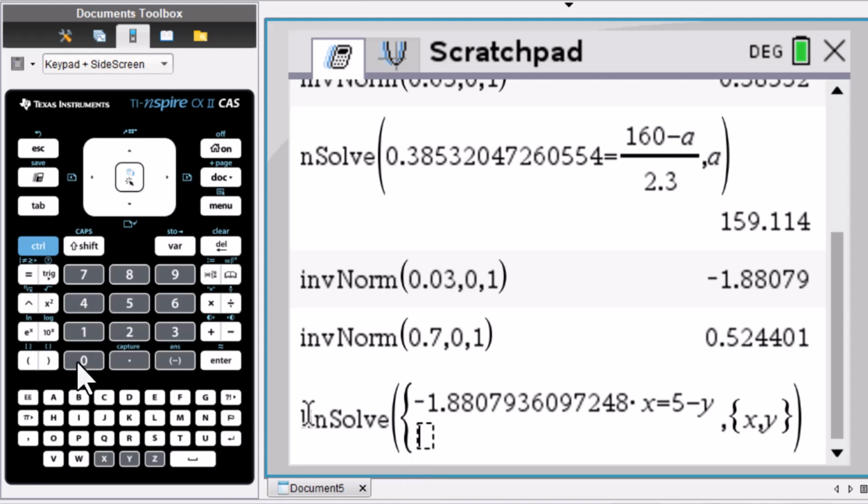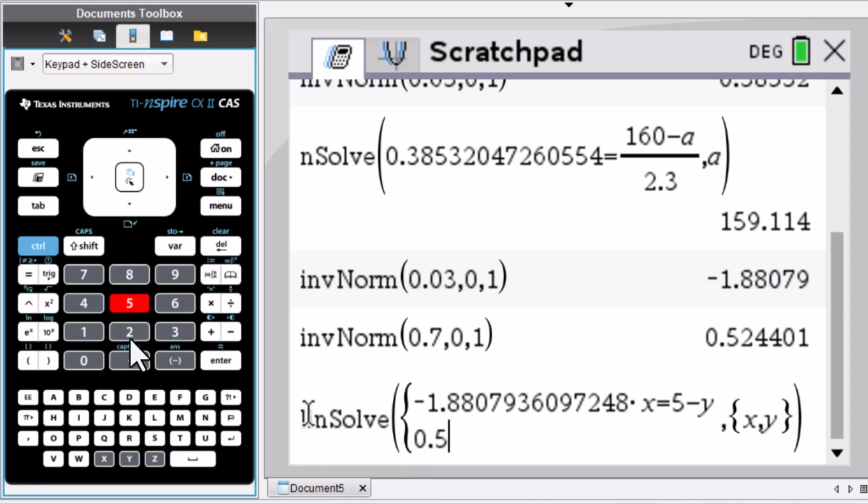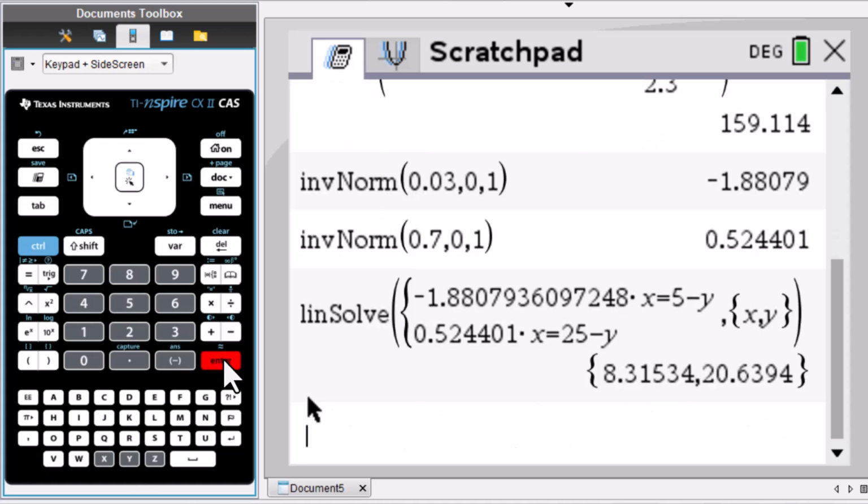Second equation, you have to type this z-score times x equals 25 minus y. Then enter. X equals 8.32.